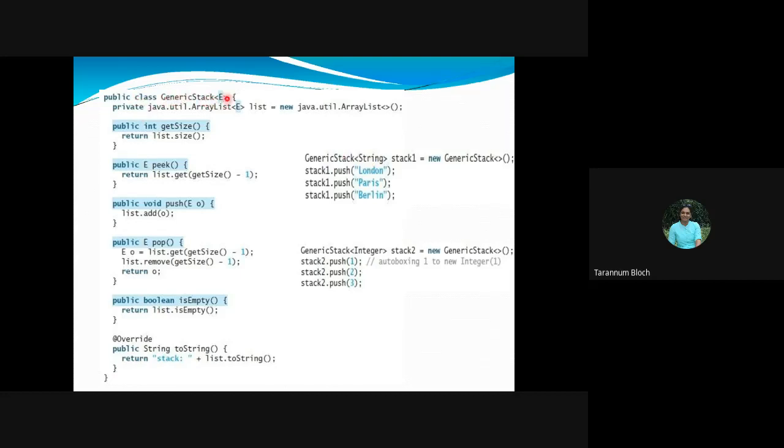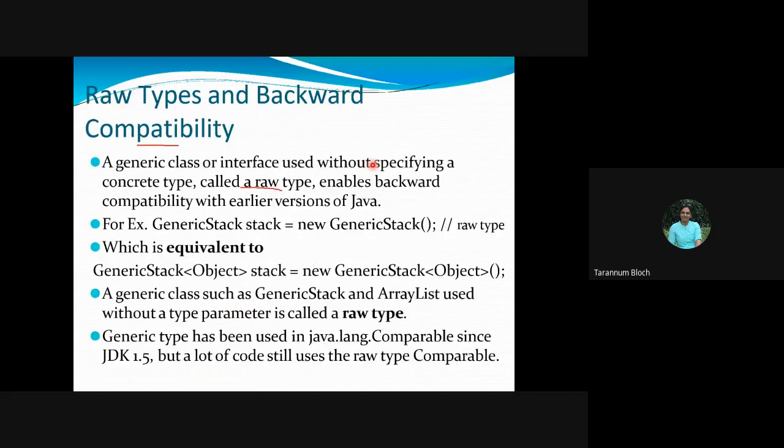So while creating the object here, E says this class is generic, so we have to specify what the type is. Suppose you are not specifying. If I'm not specifying, then what I will write is: generic stack, new generic stack. So this is called a raw type. Why raw type? Because still we are not specifying what the type is.